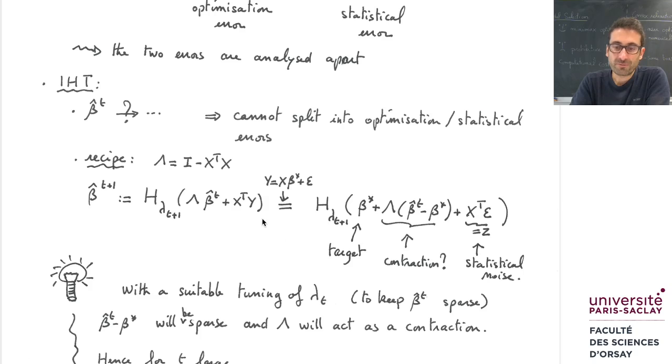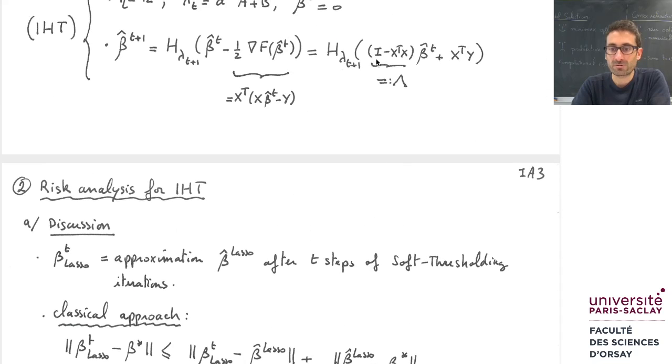We also use the fact that X transpose X beta star is equal to beta star plus X transpose X minus identity times beta star, so it is equal to beta star minus capital Lambda beta star, where capital Lambda, I remind you, is this matrix.